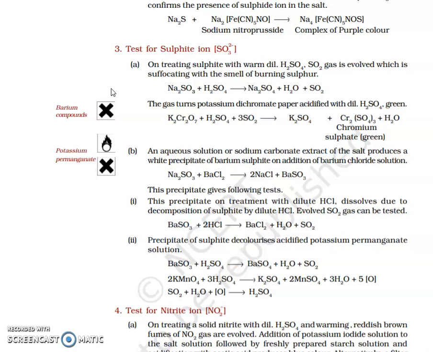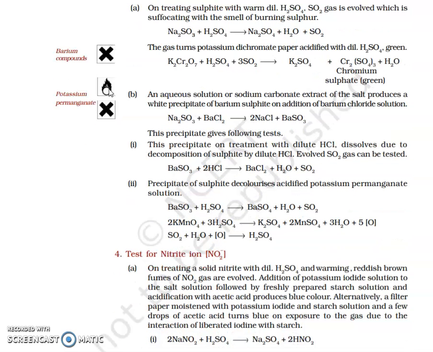This precipitate on treatment with dilute hydrochloric acid dissolves due to decomposition of sulfite by dilute HCl, evolving sulfur dioxide gas that can be tested. So you can see barium sulfite reacts with hydrochloric acid to give barium chloride, H2O and sulfur dioxide. Precipitate of sulfite decolorizes acidified potassium permanganate solution.